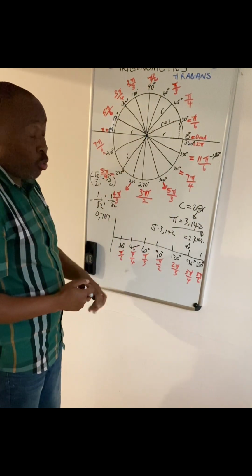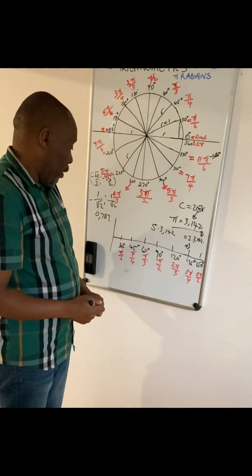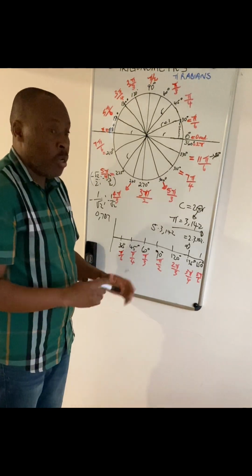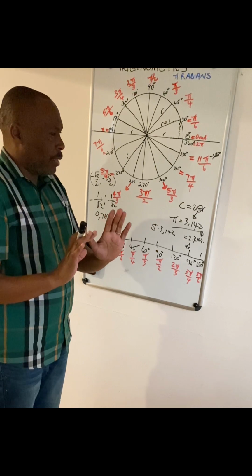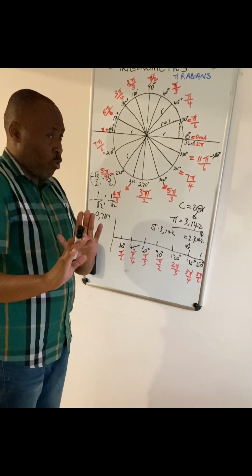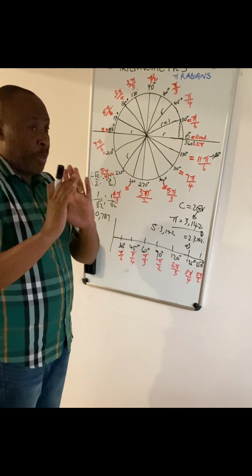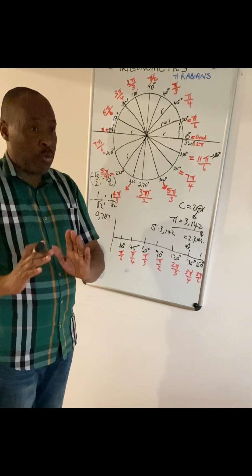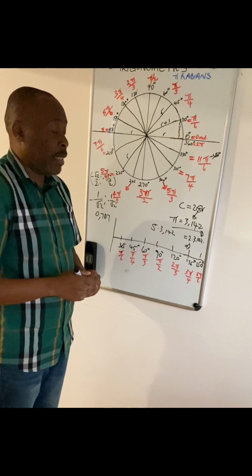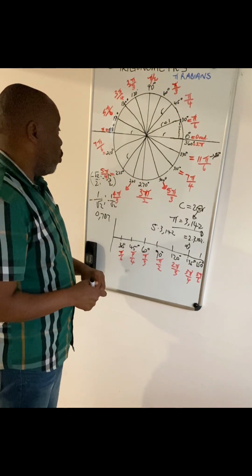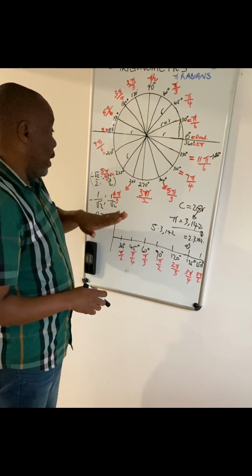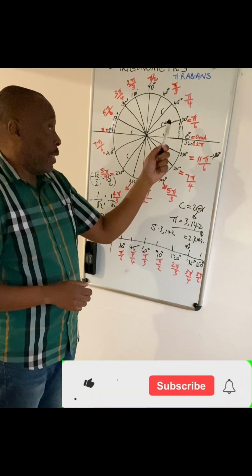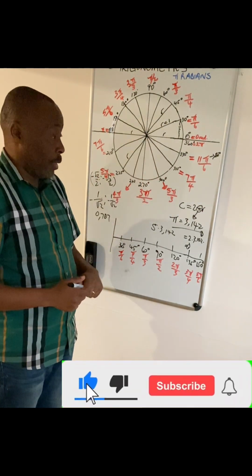So I don't want you to confuse the two. Please don't. By no means am I trying to confuse you. Just put aside the 3.142 for now and focus on pi being equivalent to 180 degrees and 2 pi being equivalent to 360 degrees, and then it will be easy for you to understand and find these other special angles.